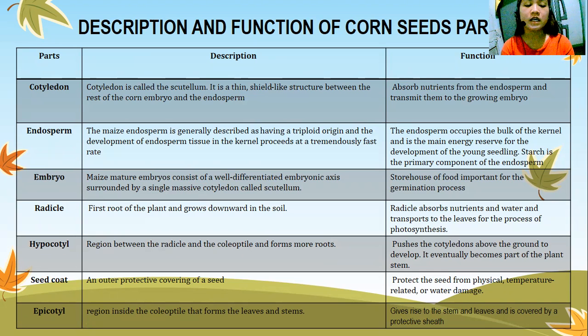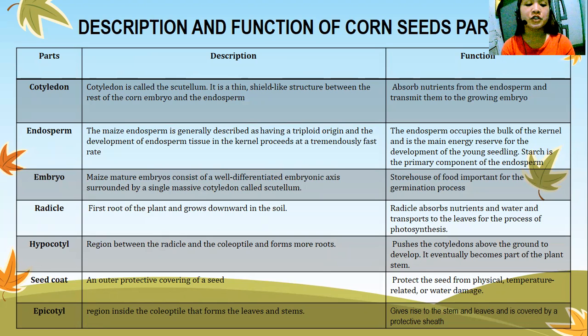Radicle. The description: it is the first root of the plant and grows downward in the soil. Function: the radicle absorbs nutrients and water and transports them to the leaves for photosynthesis.